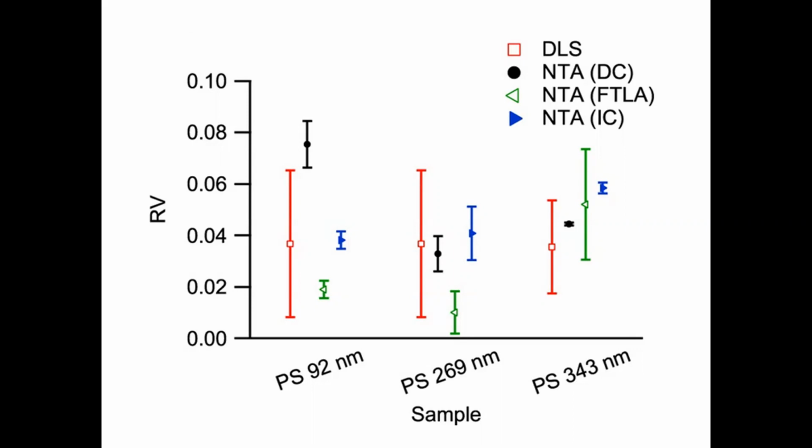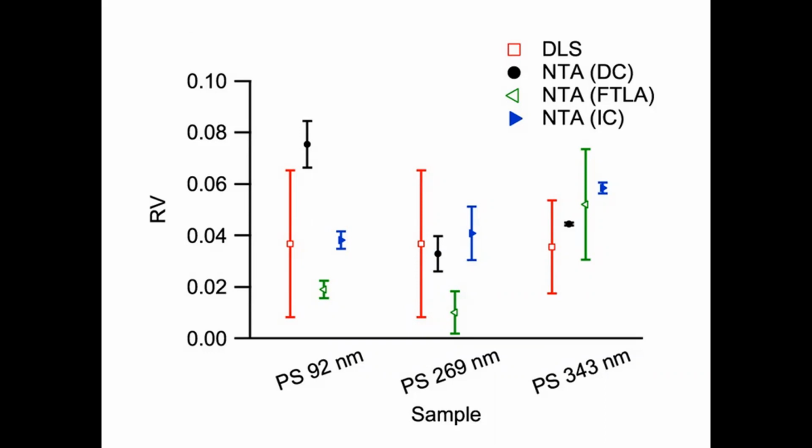What is the difference between DLS and NTA IC or NTA FTLA? When you compare with nanoparticle tracking analysis, the difference is that in the case of DLS we are getting much more variation.